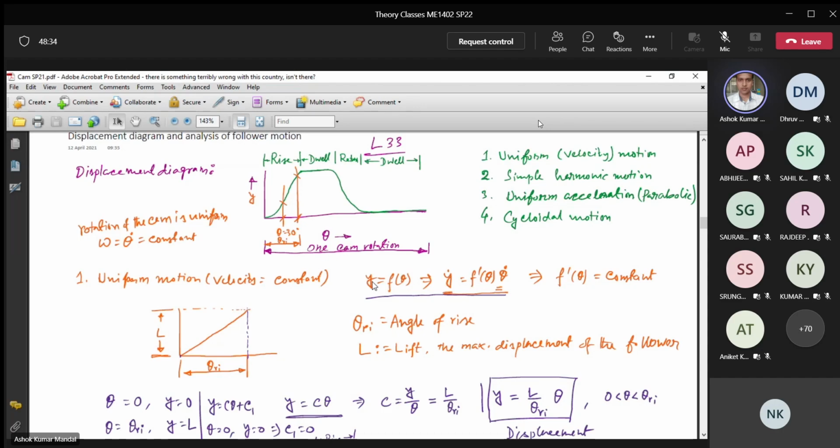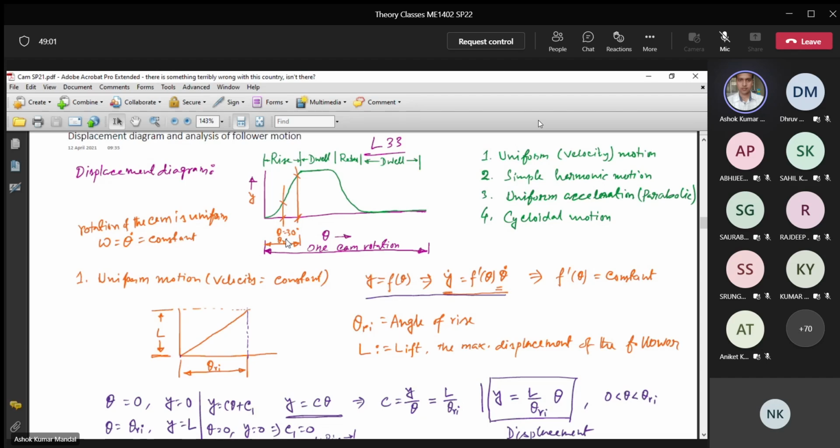To ensure that, we need to find the mathematical relation between the cam rotational angle and the displacement. Once we get that, we'll take the derivative to get velocity, then acceleration, then jerk. So, the first case we are discussing is uniform motion.